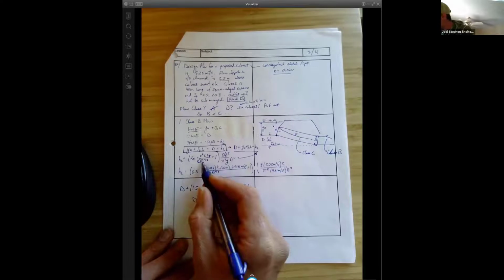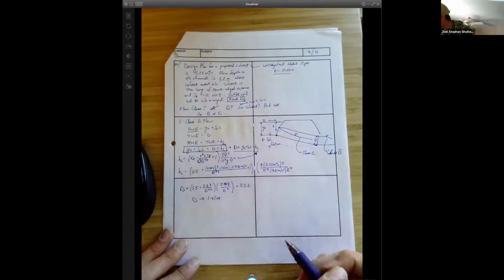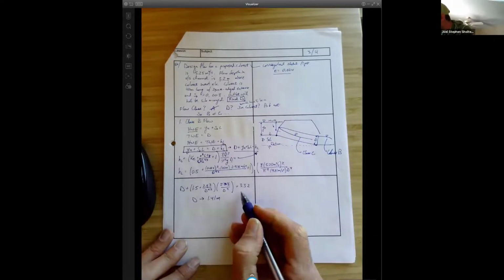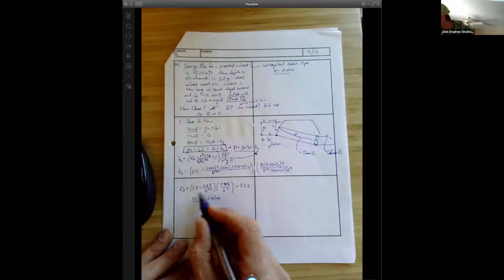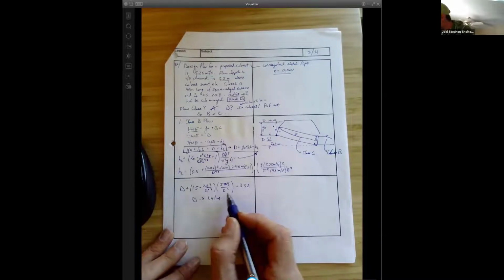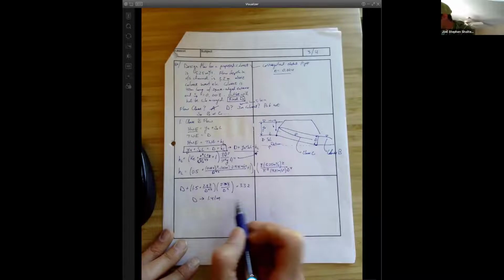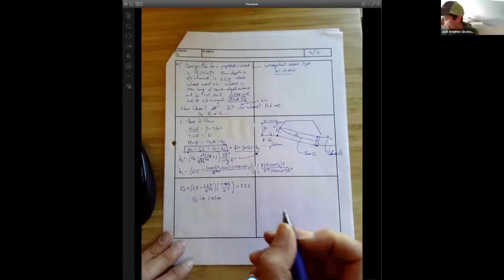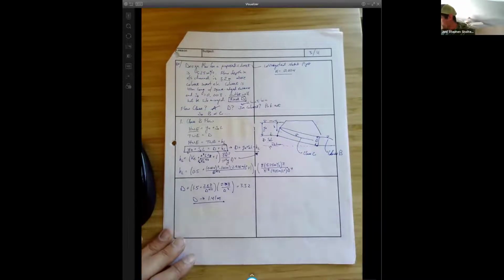D comes into play down here with hydraulic radius, and we end up with D in a bunch of different places, but you can multiply this through, and maybe you need to use Solver or something like that, but you end up with D equal to 1.41 meters.